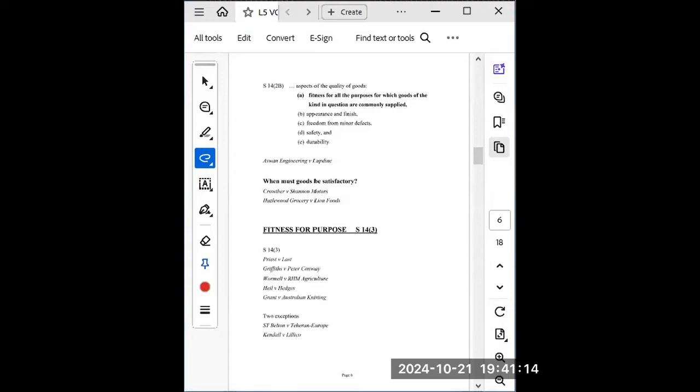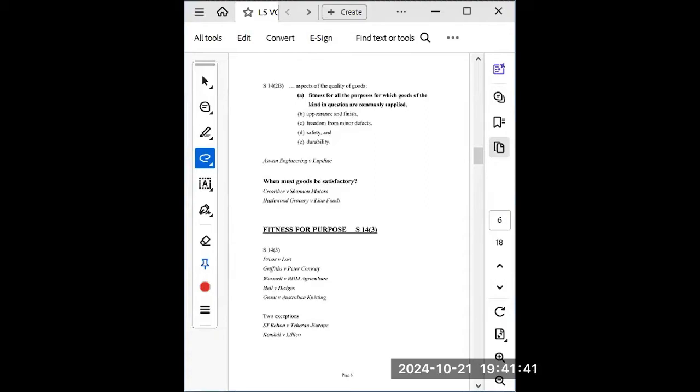But in order for 14.3 to apply, the buyer must have expressly or impliedly made known his particular purpose. Let me give you an example. Let's say I go to a shoe shop and I say, I need a pair of shoes to go mountaineering in. I want to go hiking this weekend.